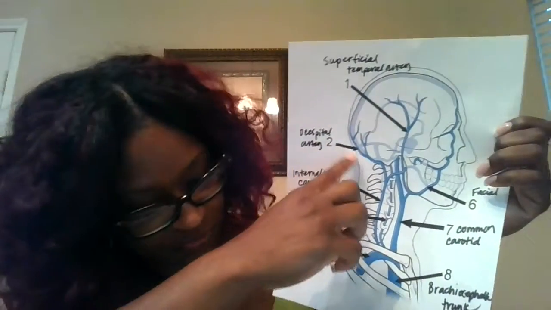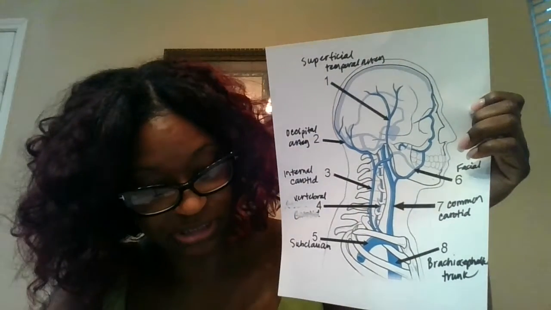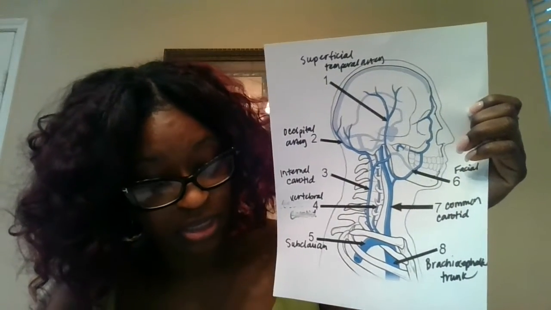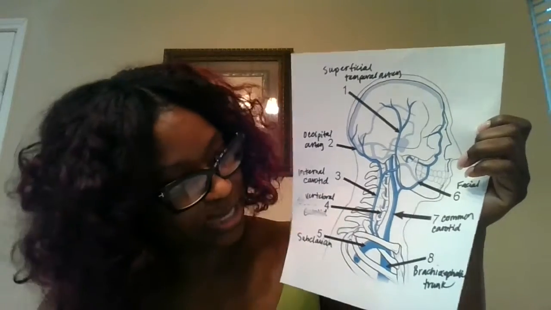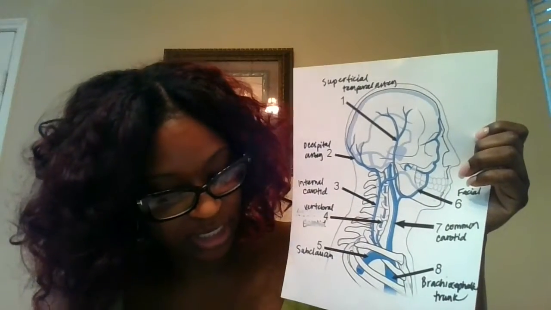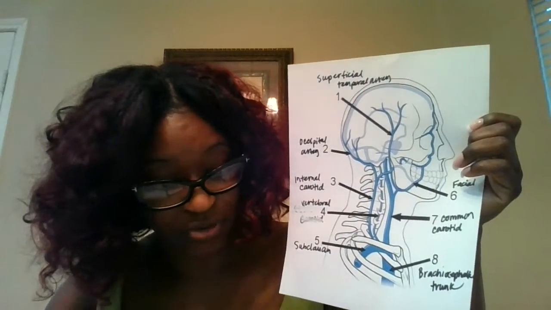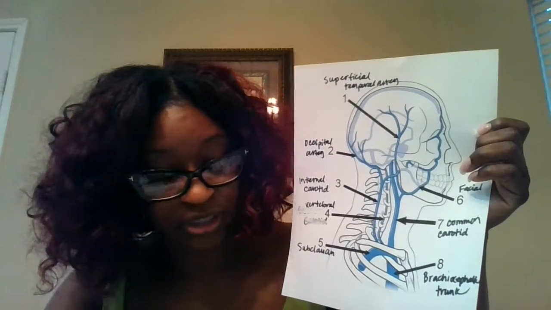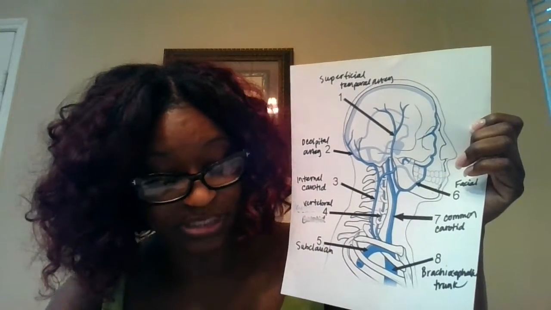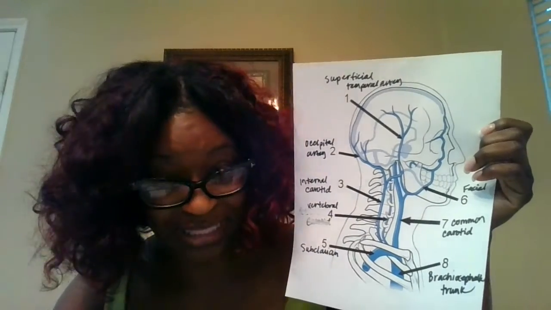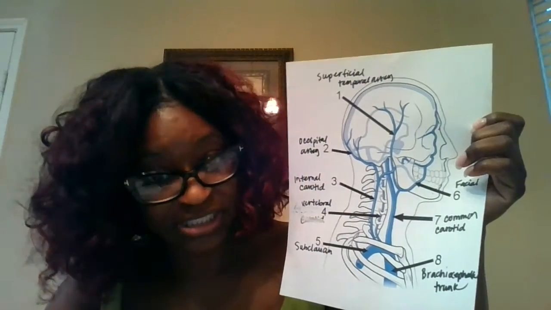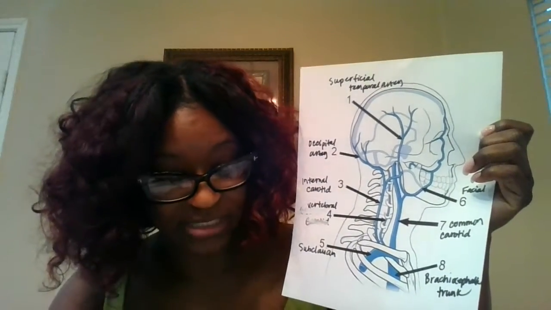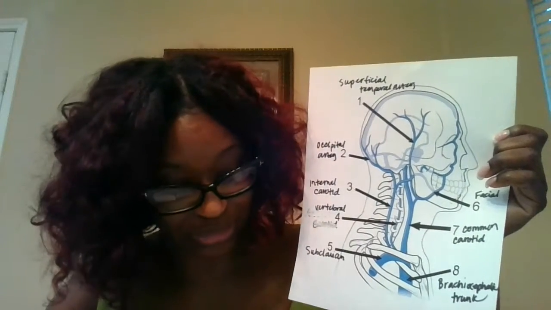Your occipital, again, provides blood supply to the scalp and the back of the skull. Your superior thyroid, which is not on here, provides blood to the thyroid. Your posterior auricular provides blood supply to the scalp behind the ear. And your ascending pharyngeal provides it to the pharynx, or your throat.